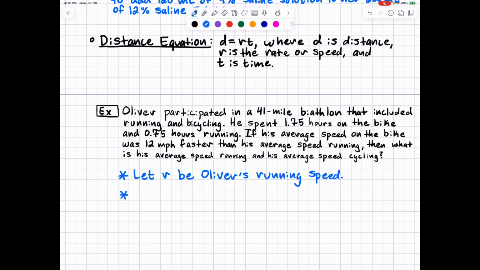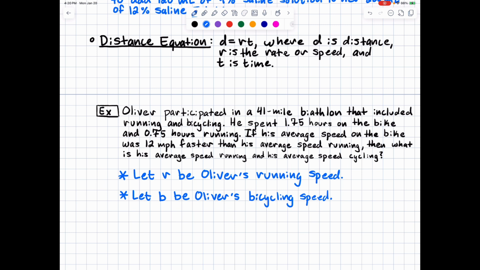And then we also want his biking speed as well. So let B be Oliver's bicycling speed. Okay, so we have a variable now for both of the things we want, right?